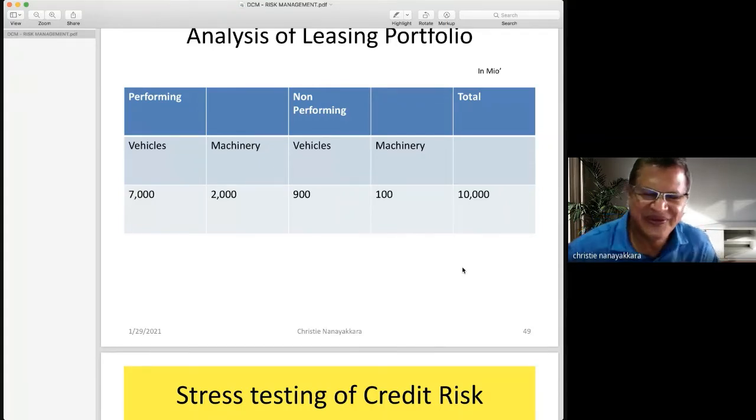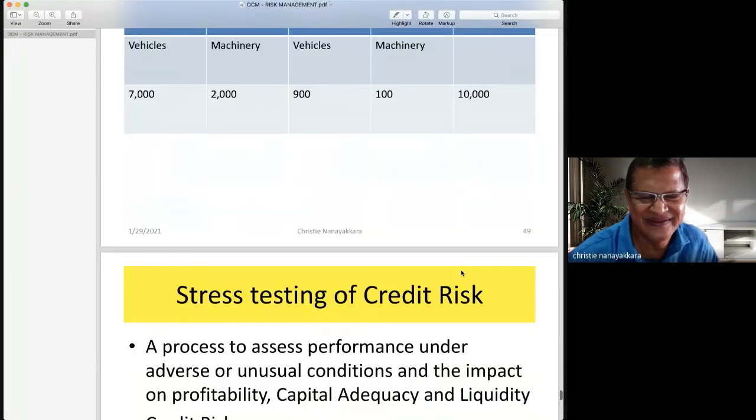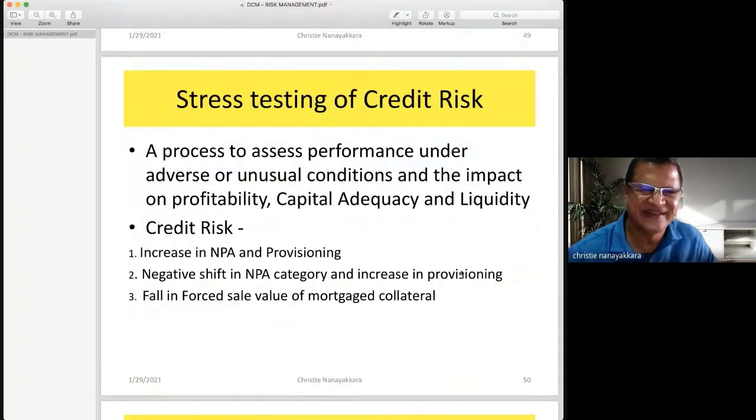Now we go into another aspect of risk management. Credit risk management actually needs to forecast. You remember we did that formula: expected loss equals probability of default times exposure at default times loss given default.